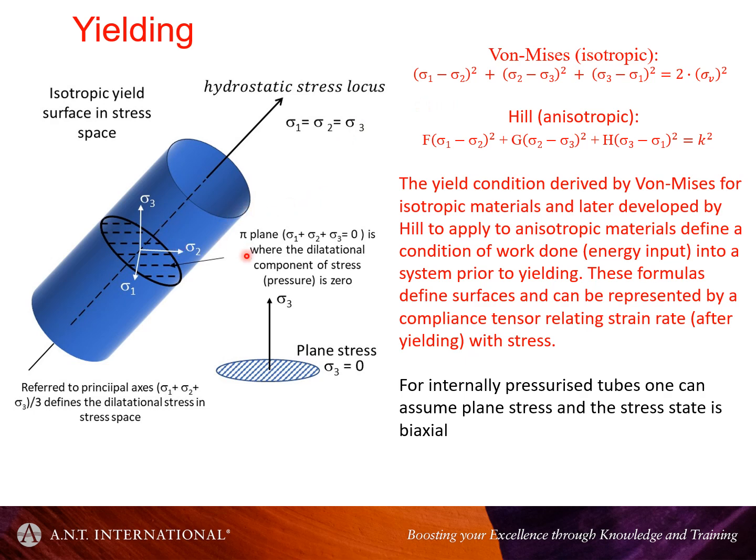And this is tantamount to looking at a surface in stress space, and if you have a stress locus, some value of sigma 1, sigma 2, and sigma 3 in a certain axis system, wherever those 3 stresses intersect the surface, you will get yielding.